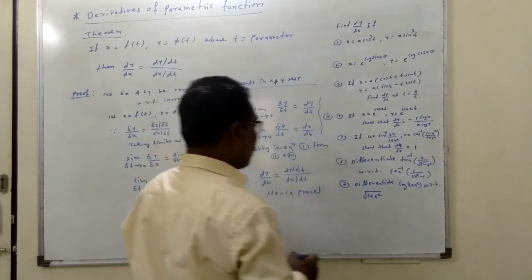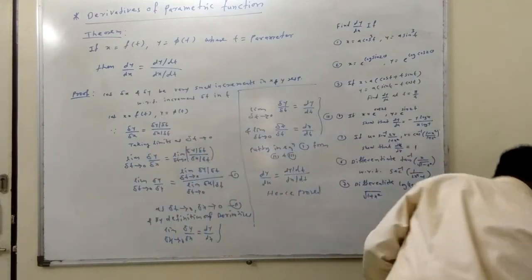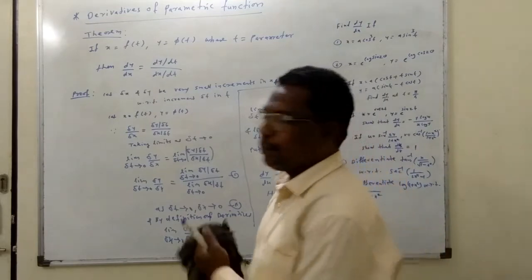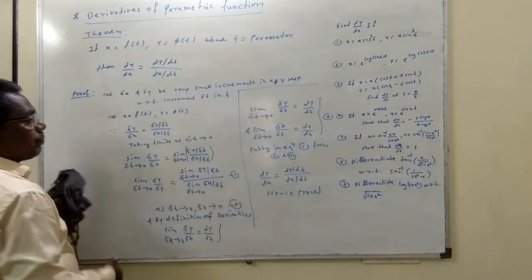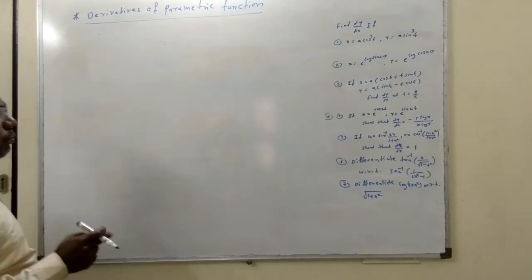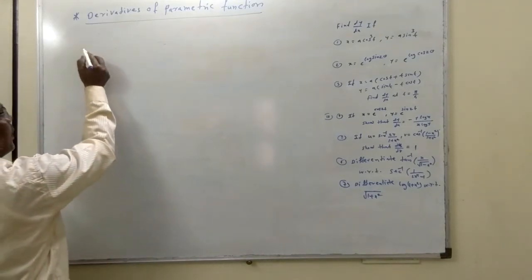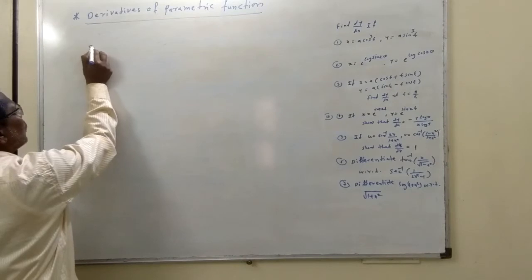So like this, we prove this theorem by using Leibniz definition, that is the second definition of derivatives. Now we'll solve some examples for the application of this theorem on the parametric function.